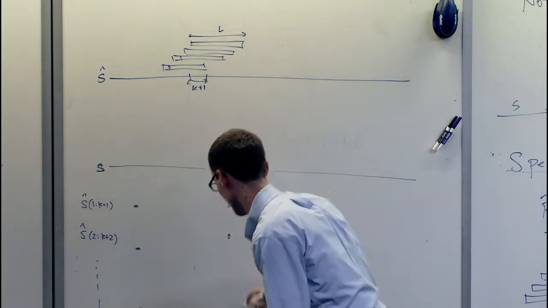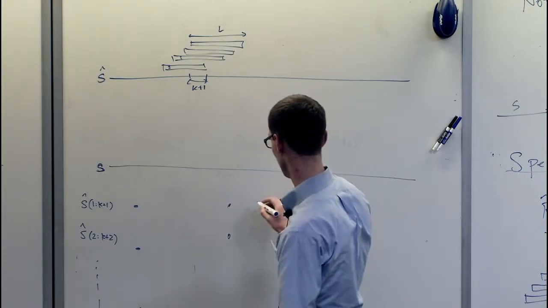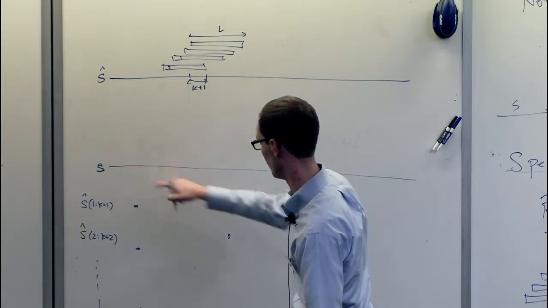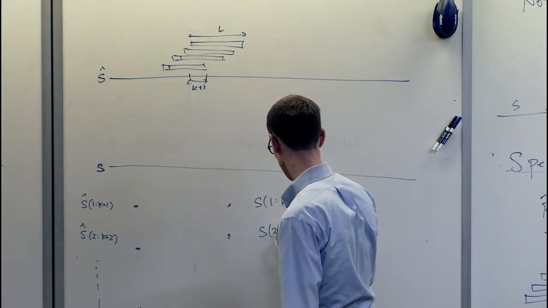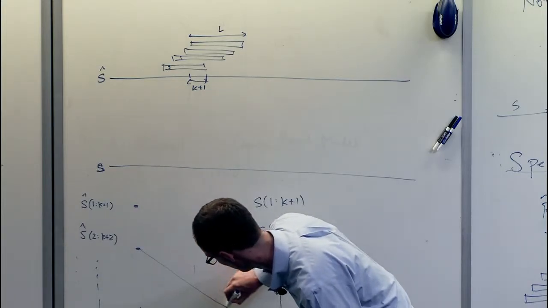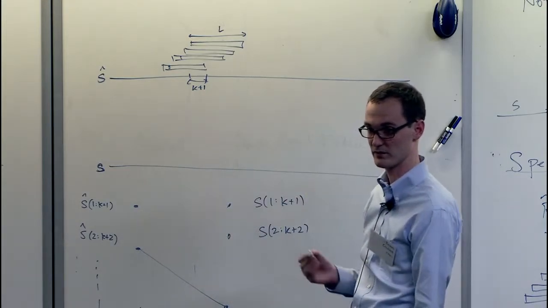That's one side of the bipartite graph here. And I list all the substrings of length k plus 1 in S. In this bipartite graph, I connect vertices if they're equal.